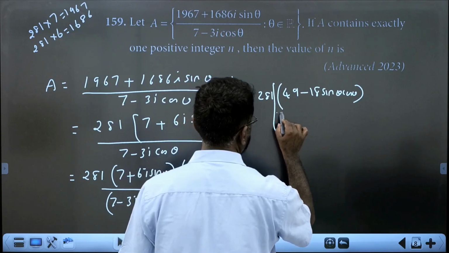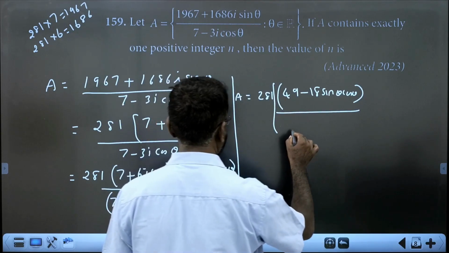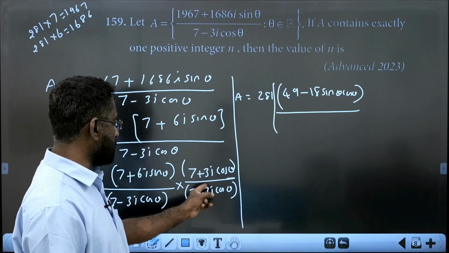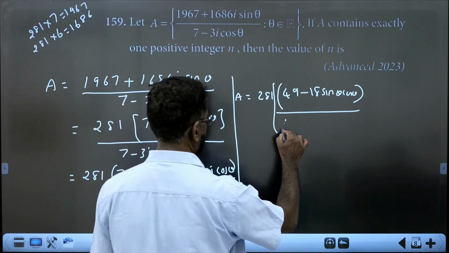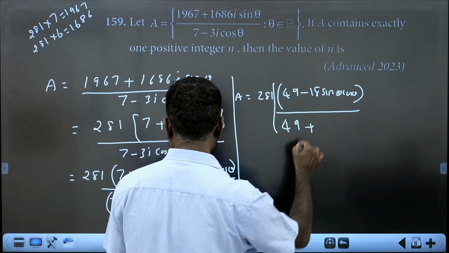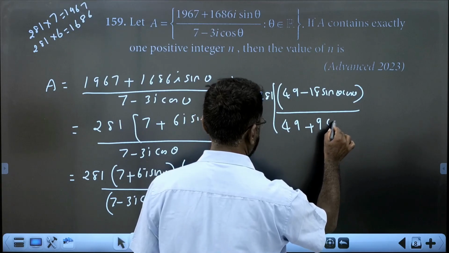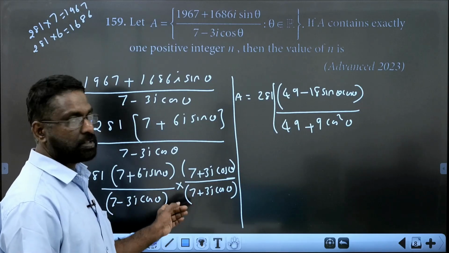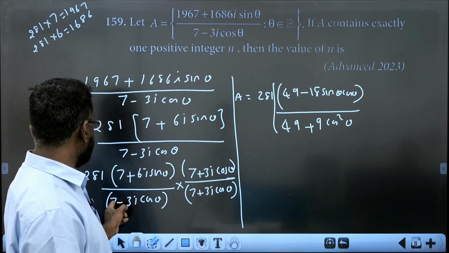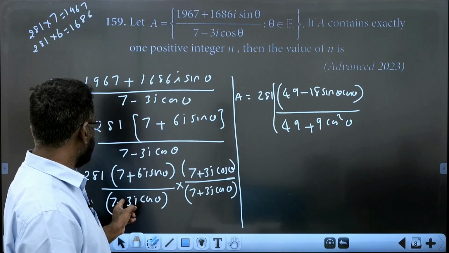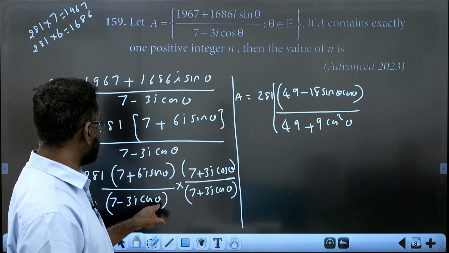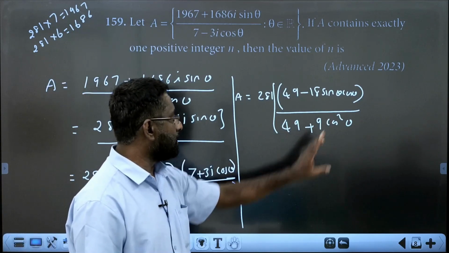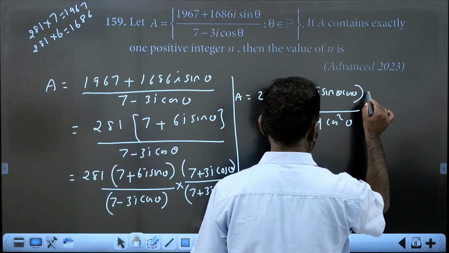The denominator is (7 minus 3i cos theta) into (7 plus 3i cos theta), the form A plus B into A minus B, A square minus B square. Here A is 7, so 49 minus 3i square cos square theta, that is 49 plus 9 cos square theta.